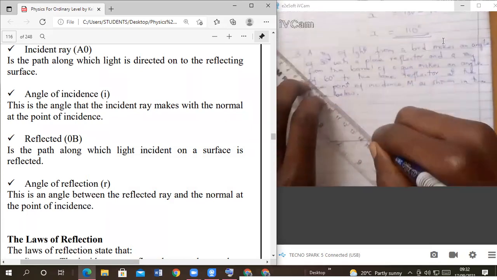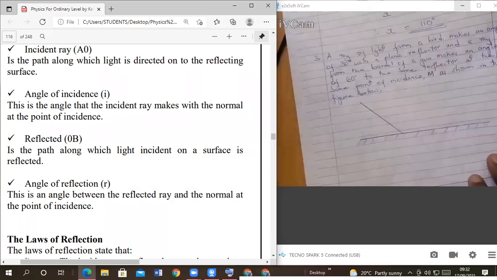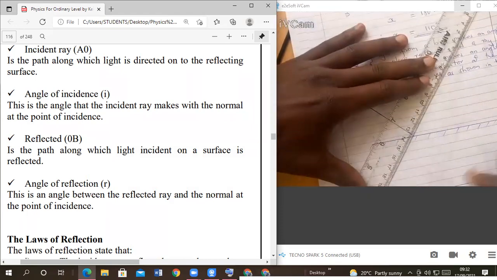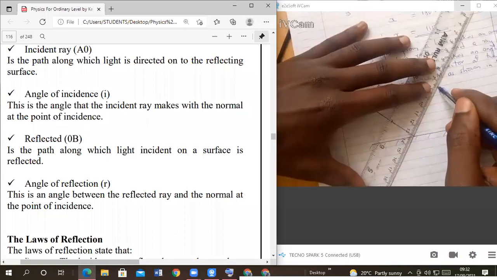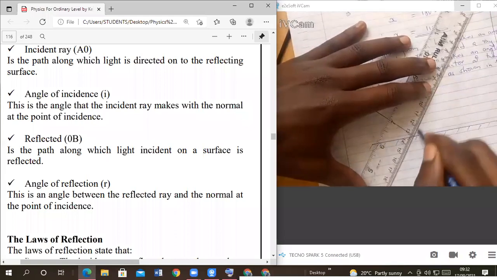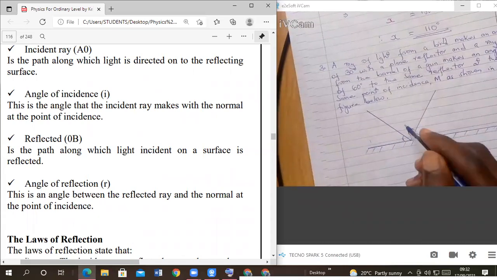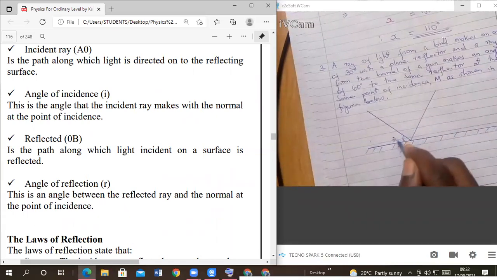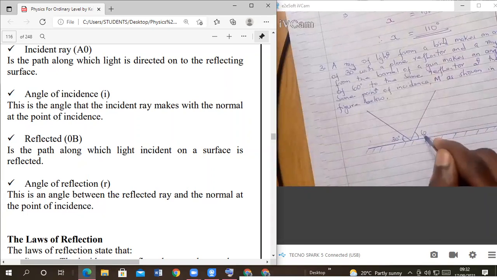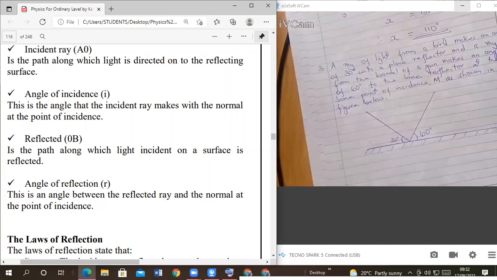So the angle is there. So that is from the bird. Then there's also another one from the gun. It's like that. So this angle is 30 degrees. Then this angle is 60 degrees.